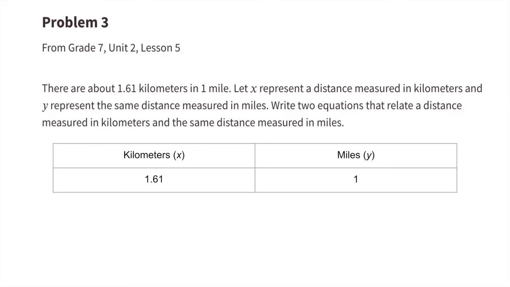In the left column, we have kilometers, or x, at 1 61/100. On the right-hand column, we have miles, or y, at 1. X equals 1 61/100 y, and the other equation would be y equals 1 over 1 61/100 x.